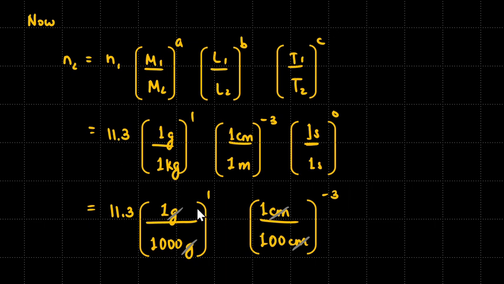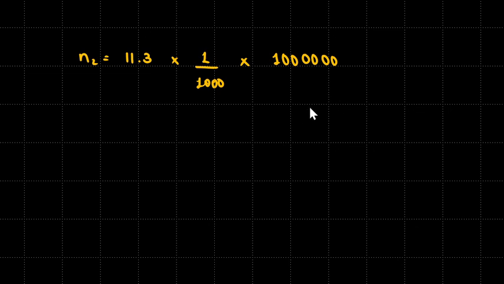Minus cubed just means 100 cubed, because the minus is a reciprocal, which makes the denominator go to the numerator and the numerator go to the denominator. So it will be 100 cubed, and 100 cubed means adding 2 zeros 3 times. That will give us 1 million, which gives us n2 to be 11,300. So n will be 11,300, since we said n2 is n.